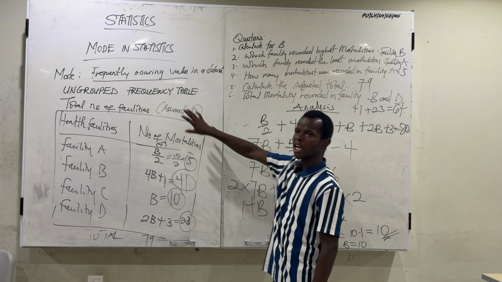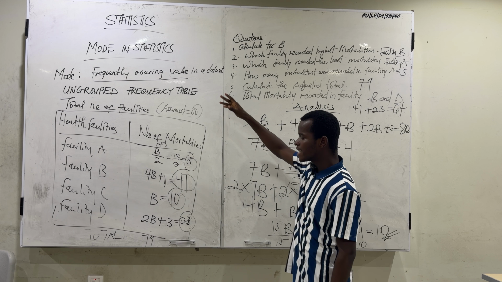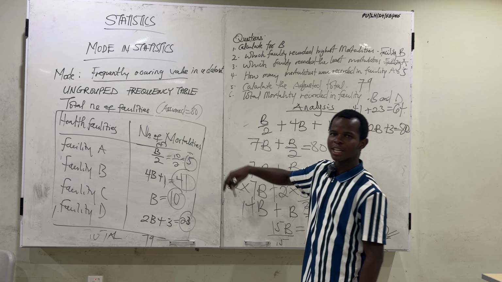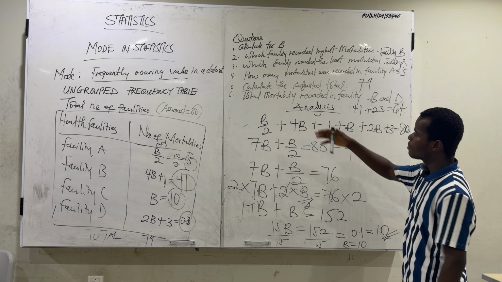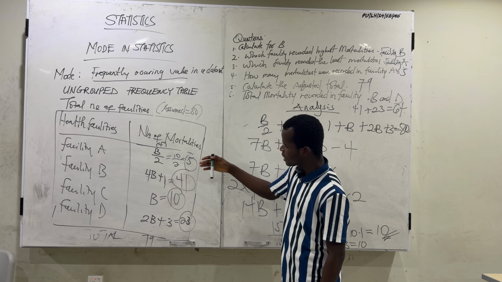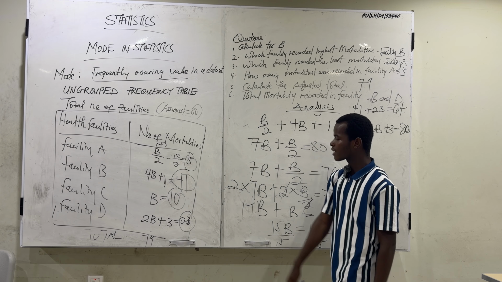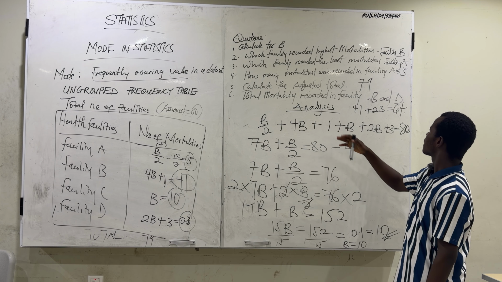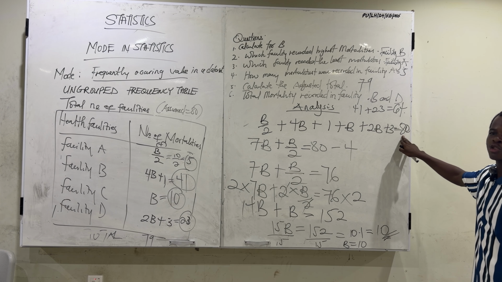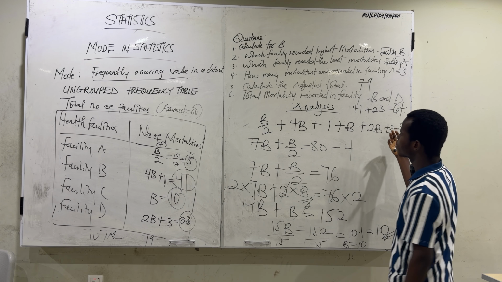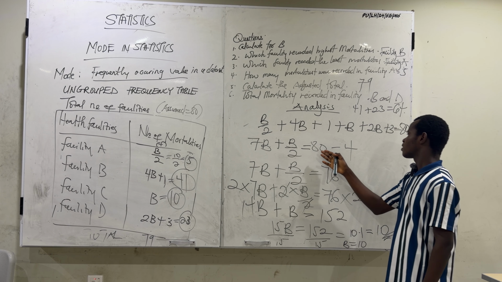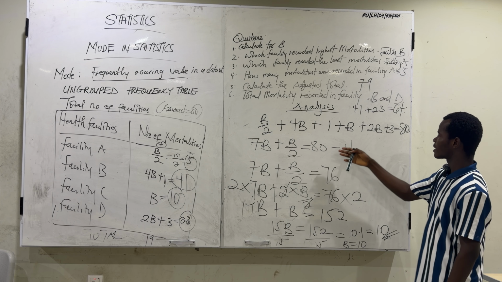But the question gave us an assumed total, which is 80. So we can use the assumed total to calculate for the b by summing all the frequencies, which is b over 2, 4b plus 1, b, and then 2b plus 3, for which we did it here. And then we equate it to the assumed total. So now you're going to get 7b plus b over 2 equal to 80 minus 4.